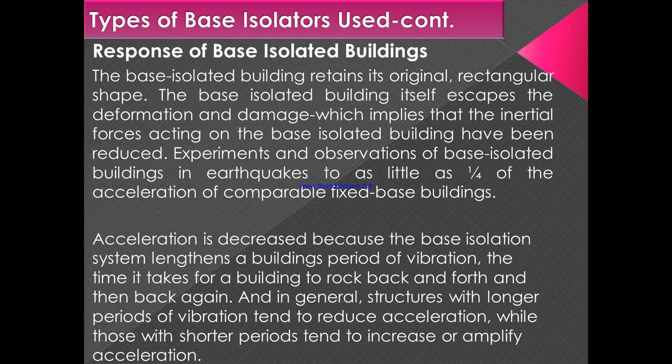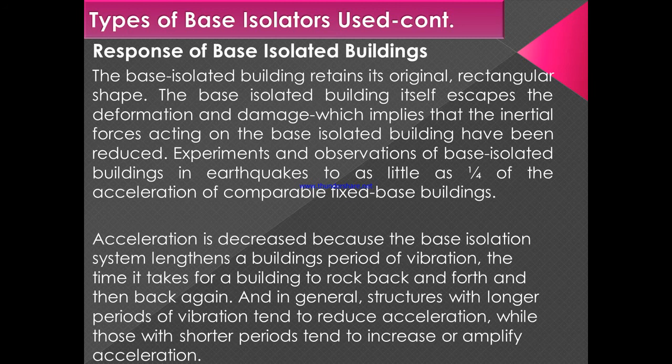Experiments and observations of base isolated buildings in earthquakes show as little as 1/4 of the acceleration compared with the fixed base building. That means it has the capacity to reduce the horizontal ground acceleration up to 1/4 as compared to the fixed base building.